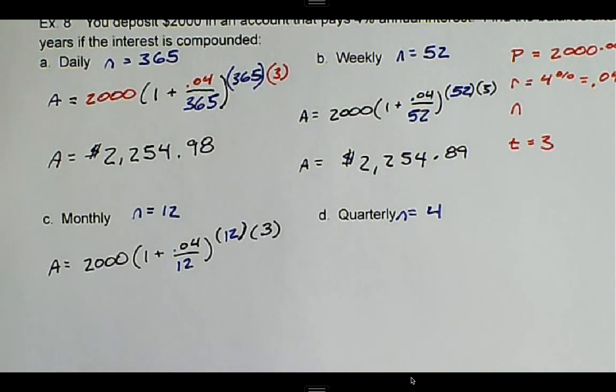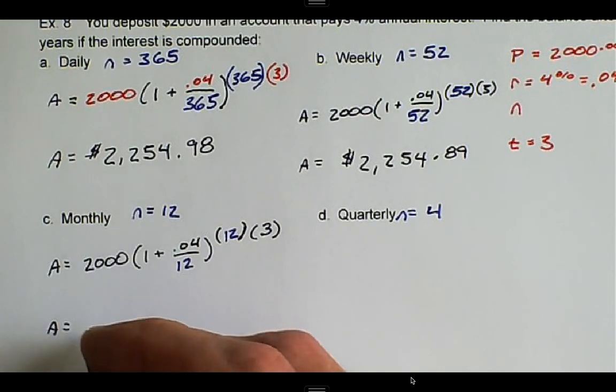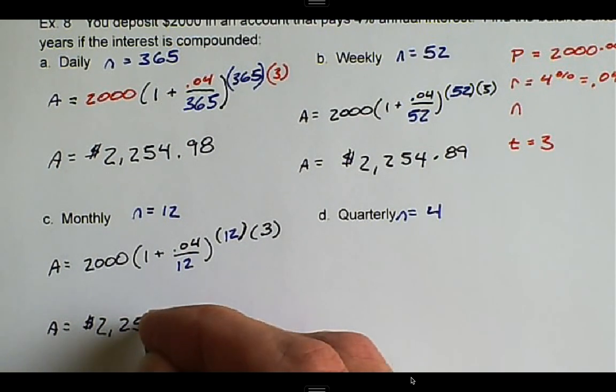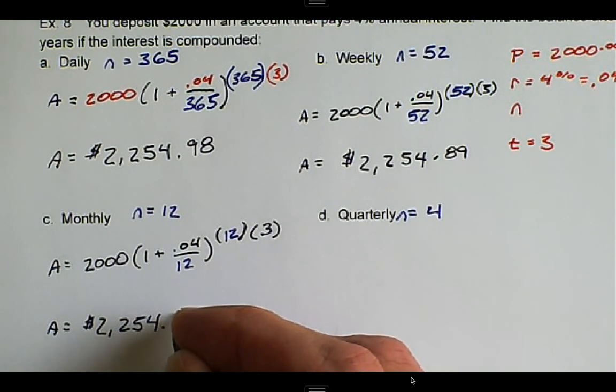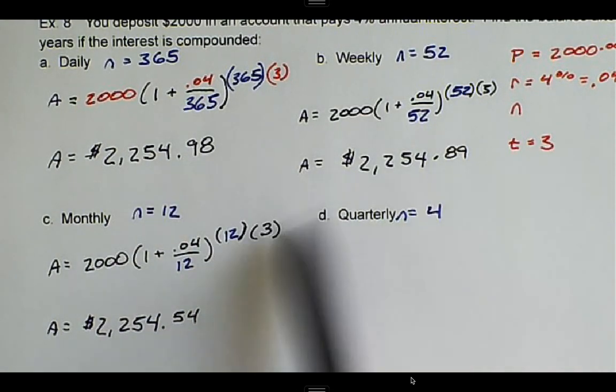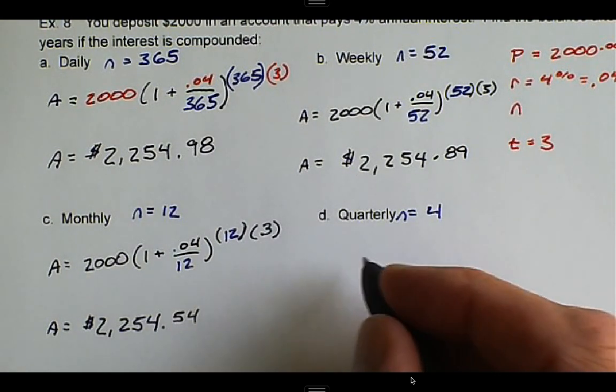When we get done there, we see that A is equal to $2,254.54. Again, everything's the same except for our cents. We're earning a little less. And then the last one, we actually have 2 more.